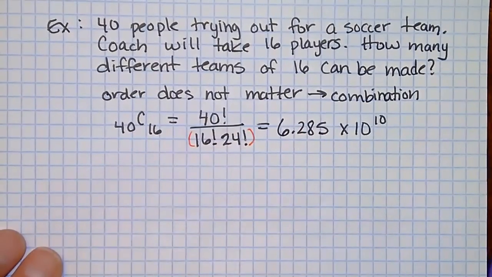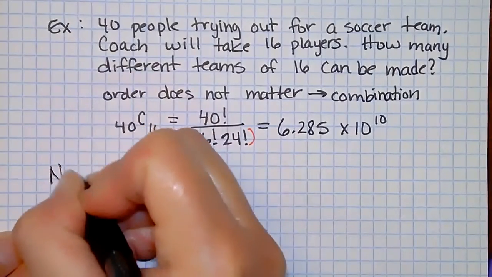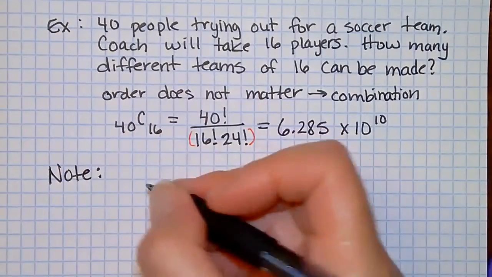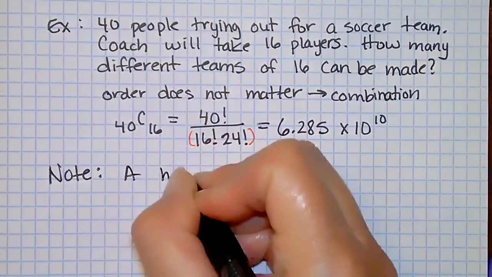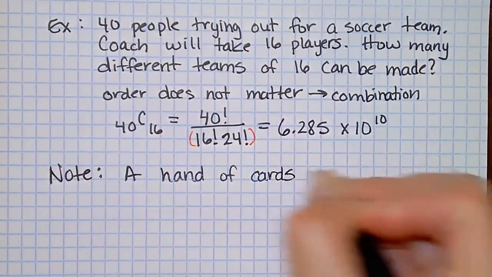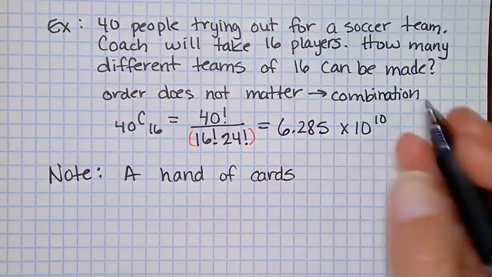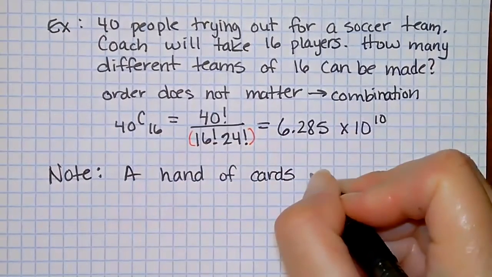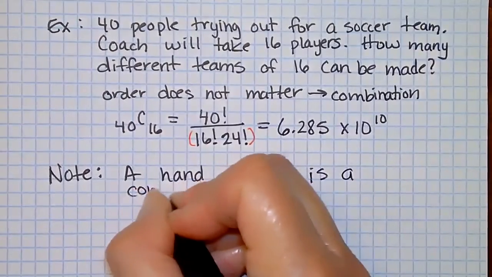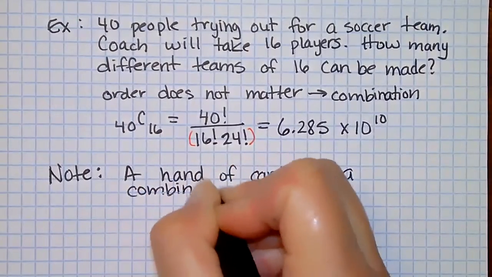Okay, quick note before we get to the next problems. Anytime you're dealing with a hand of cards is going to be a combination. So a hand of cards, like if you're playing poker or Old Maid or Go Fish, a hand of cards is a combination. You do not have to keep the cards in the order that they are given to you.